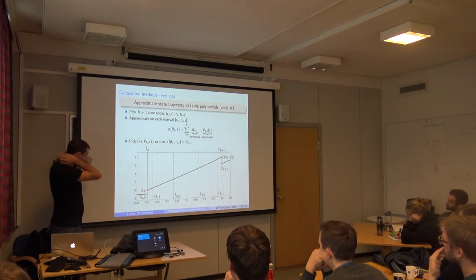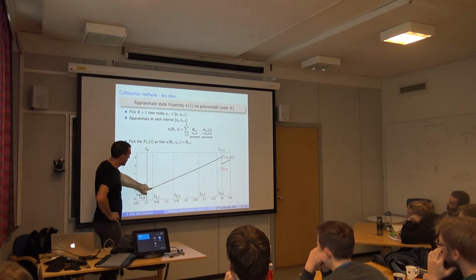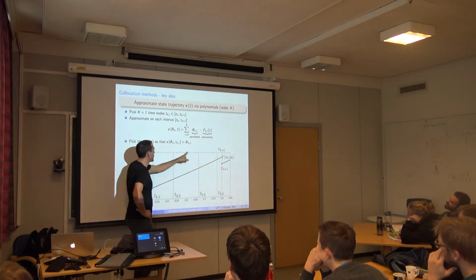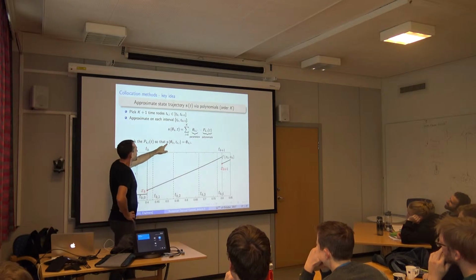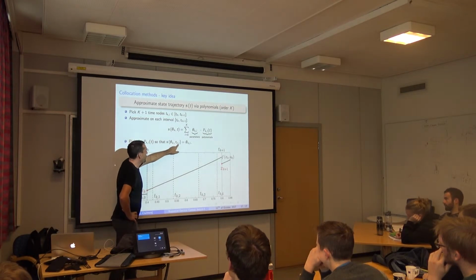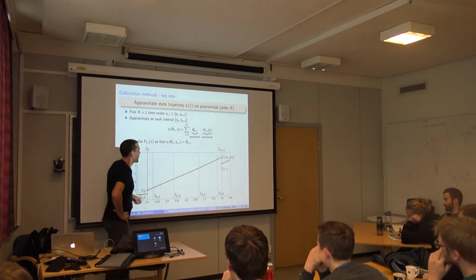The way you will select your polynomials, this p_ki, you will select them such that essentially these thetas become the checkpoints on the time grid. So you'll choose the polynomials such that when you evaluate this trajectory S for a given set of parameters on one of your time points, it will go through the value you put in the parameters.